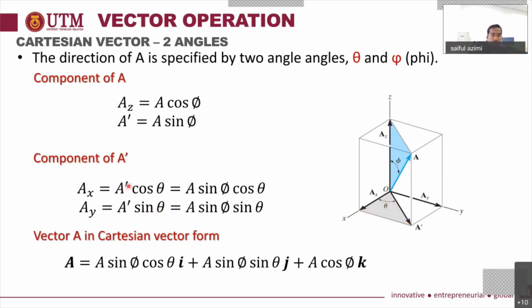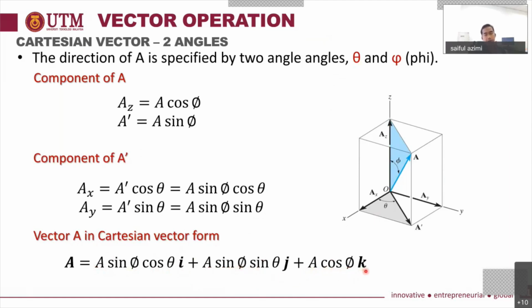Okay, so when you substitute the A prime here with this one, you will get this equation. Okay, so if the question asks you to represent your Cartesian vector form by using only two angles, theta and also phi, the equation that you will get is here: A sine phi cos theta i plus A sine phi sine theta j plus A cos phi k.